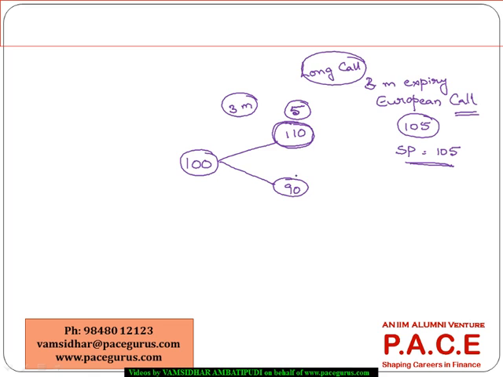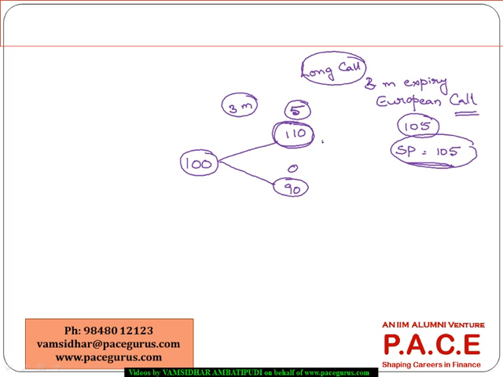But in case the stock price comes out to 90, then this option will not be exercised. It would expire because it requires buying the stock at 105, which the long position will not do. So the payoff here is going to be 0.